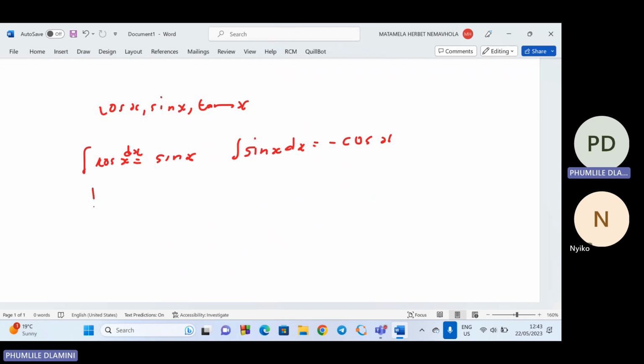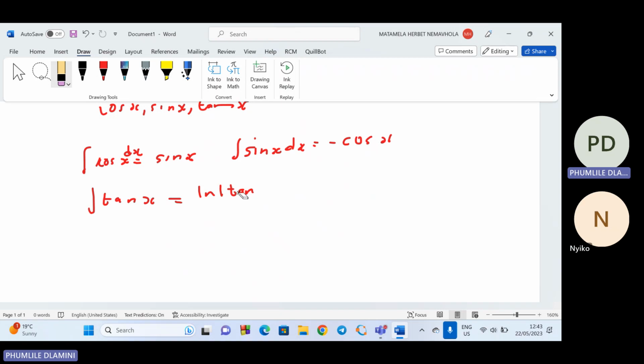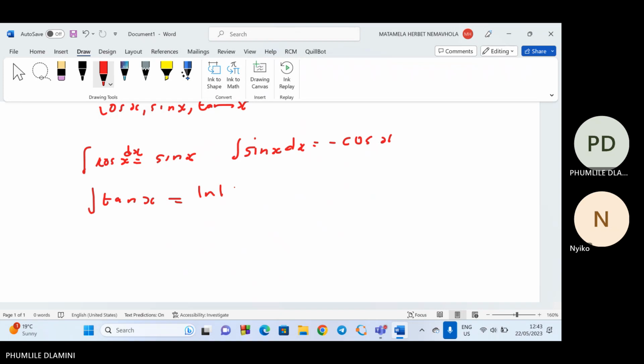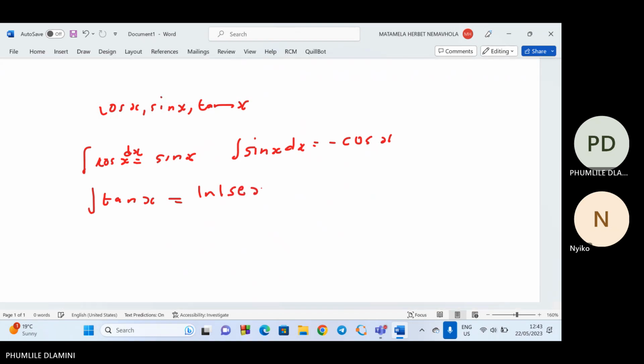So the integral of tan x equals ln absolute value of what? Is it tan x? Yes. Then sec x, it's not tan, it's sec x. And for everything here, don't forget to put plus c, plus constant.